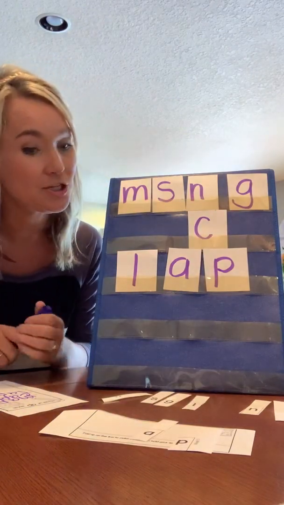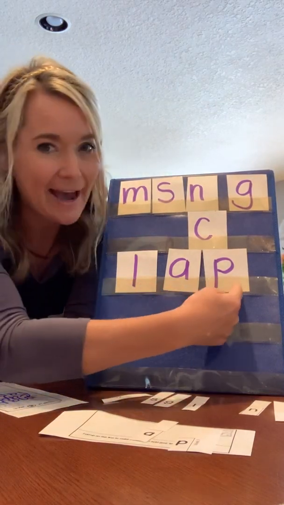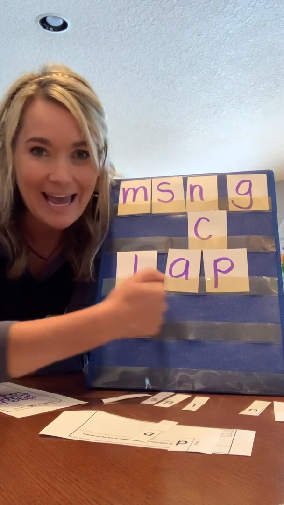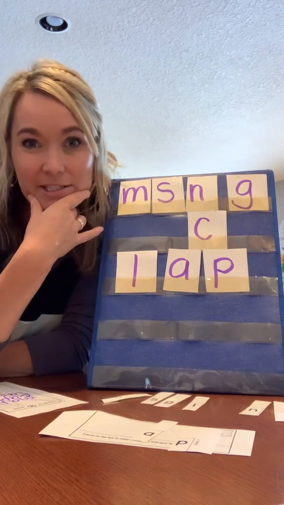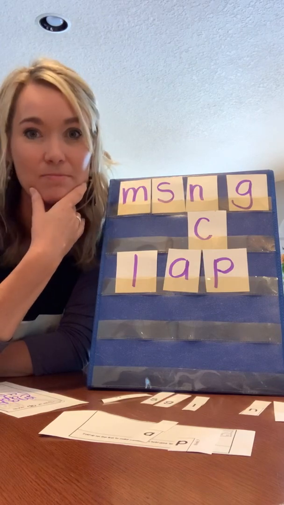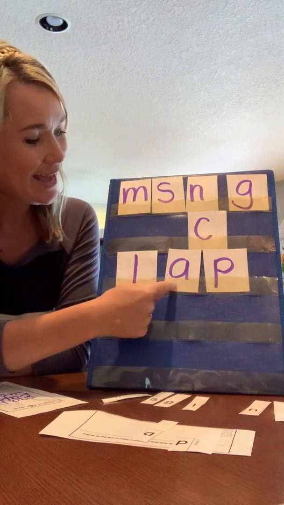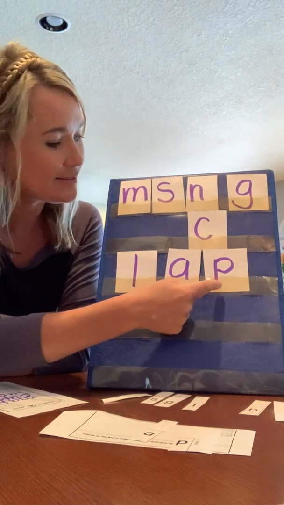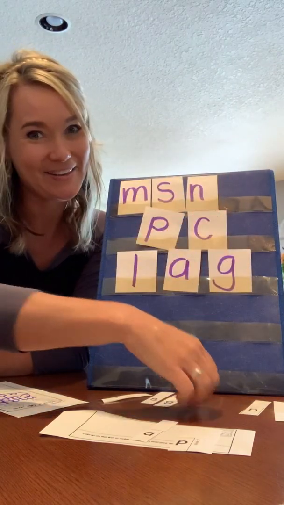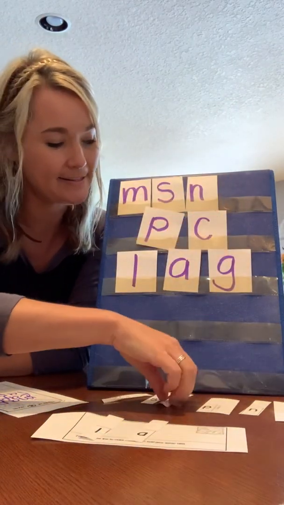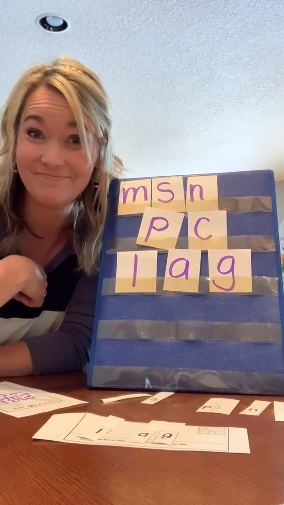Now we're going to change something different. Listen carefully. Can you change lap to lag? Can you figure out what letter needs to be swapped out? I'll give you a moment to swap that out and then check with me. G. I bet that's what you did. You changed out the ending sound. Give me a thumbs up if you did. Awesome. If not, fix it.